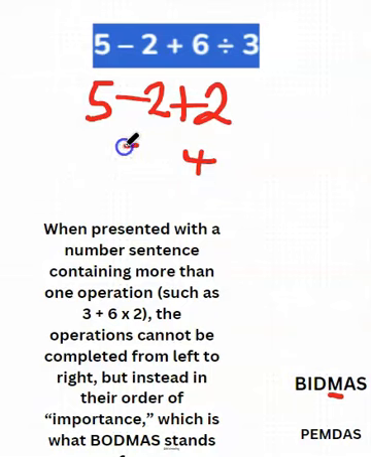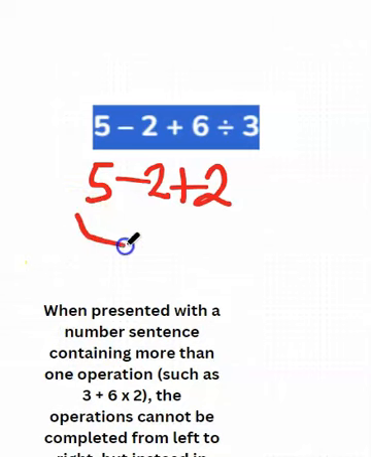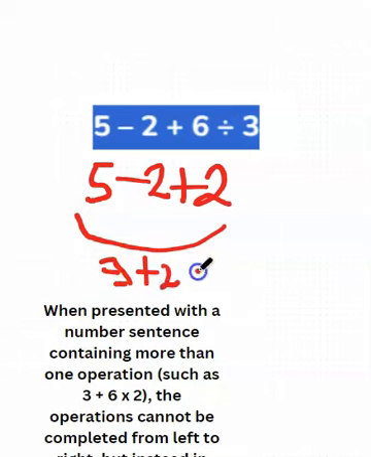Then 5 minus 4, that will give you 1, which is wrong because the second rule says addition and subtraction are both of equal importance, and our solution should always go from left to right, from here to here, meaning 5 minus 2, 3, then plus 2, 5. So that is it for BIDMAS.